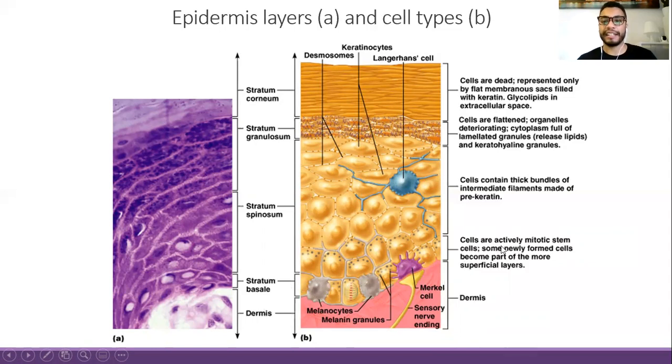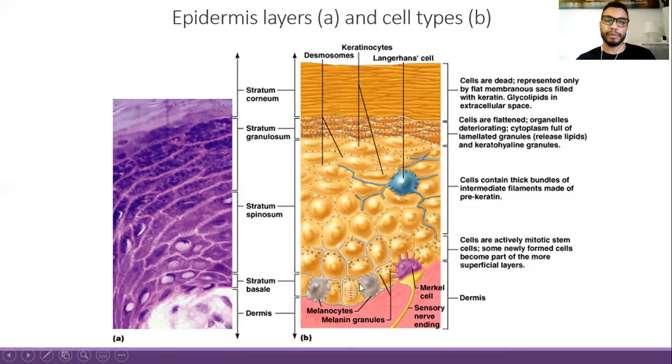And the stratum basale is the layer where we have the stem cells that are actively mitotic. This means that they are constantly multiplying. So this is the young layer, constantly in mitosis.